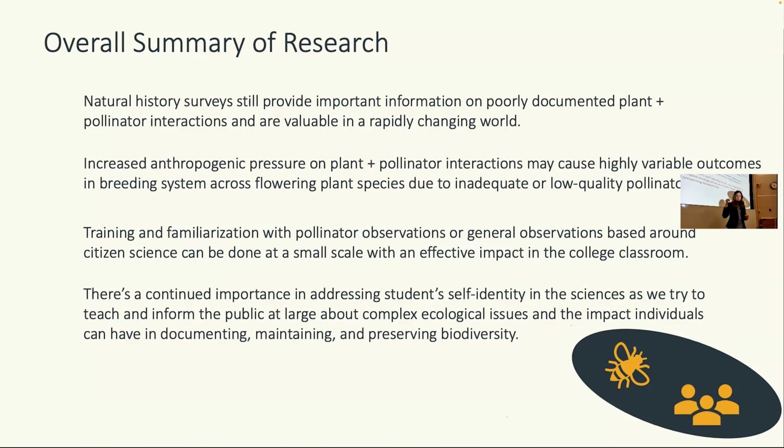I think we discredit these projects because they are descriptive, but we understand that there are understudied organisms in both plants and pollinators, and we don't necessarily understand their interactions. With the increased anthropogenic pressures on these interactions, it's even more important that we establish a baseline as we continue to see this rapid change across landscapes.